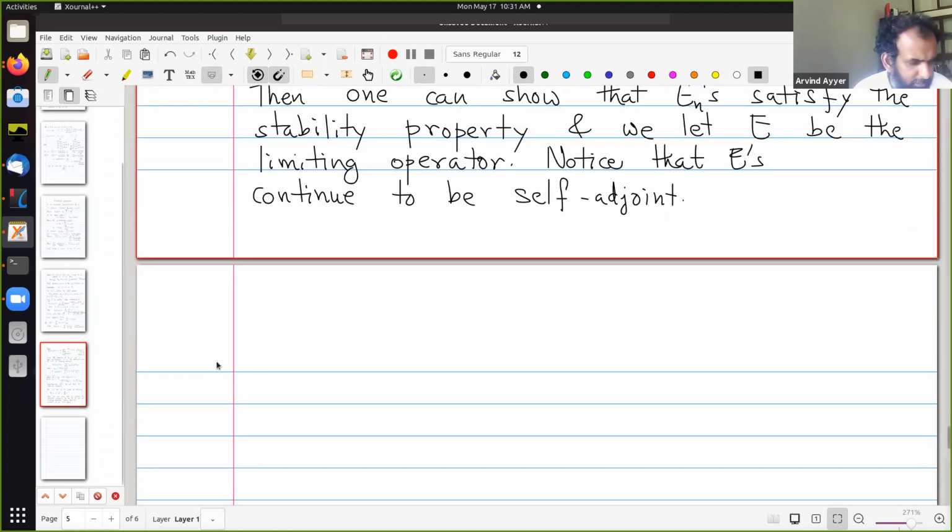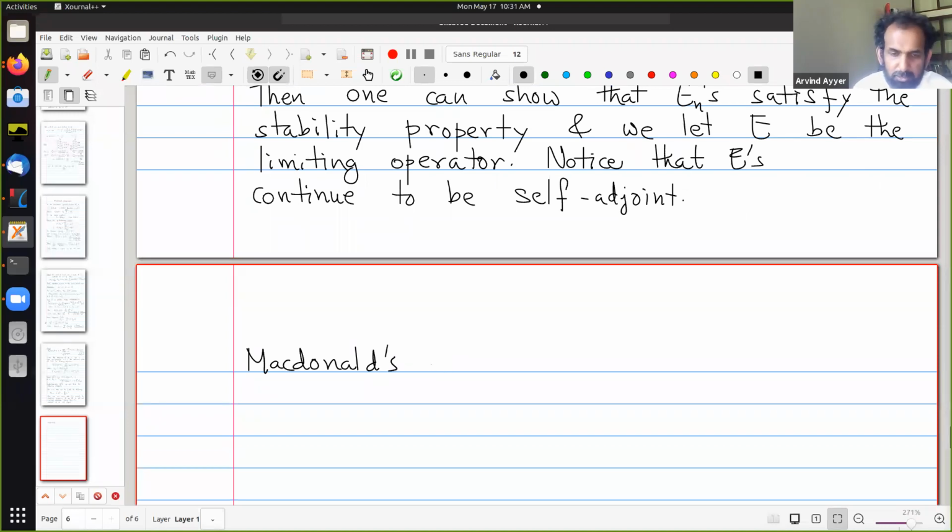So here is Macdonald's existence and uniqueness theorem.